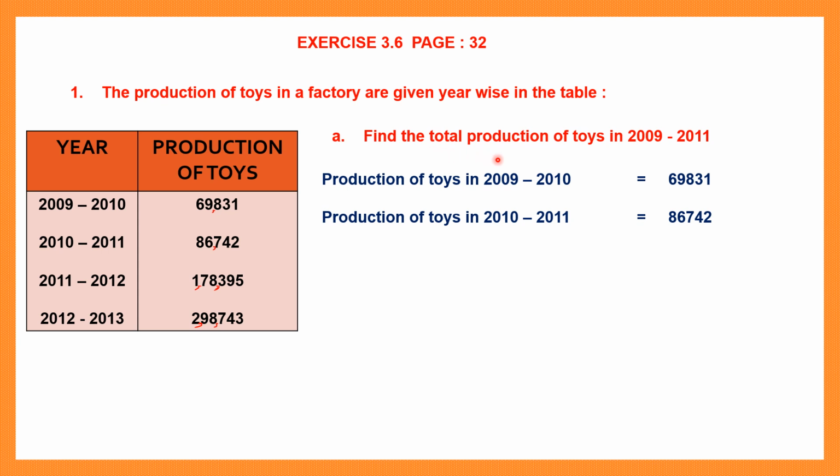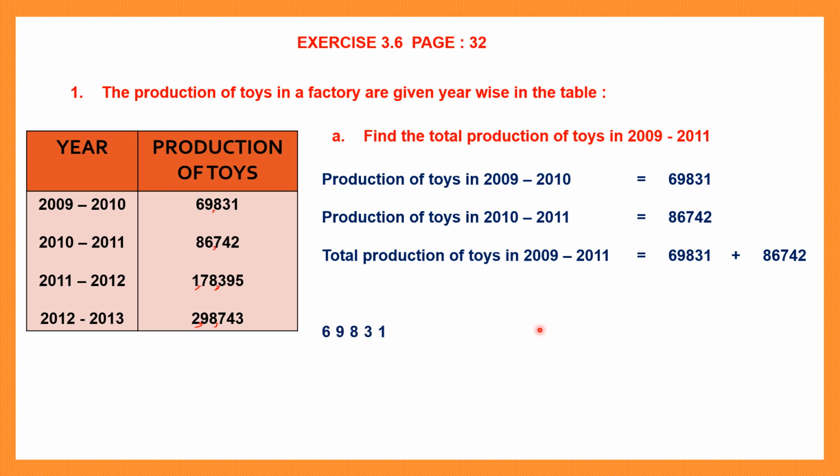Now find the total production of toys. Whenever you have to find the total, we have to add up this and this. Now let's add up the numbers. So we have 69,831 here, and below that we have 86,742.